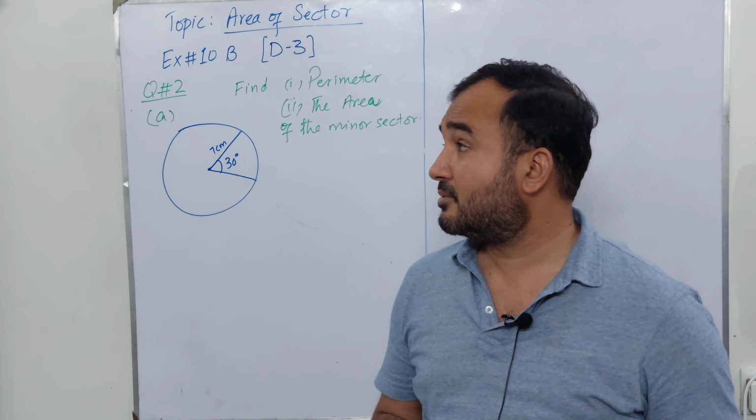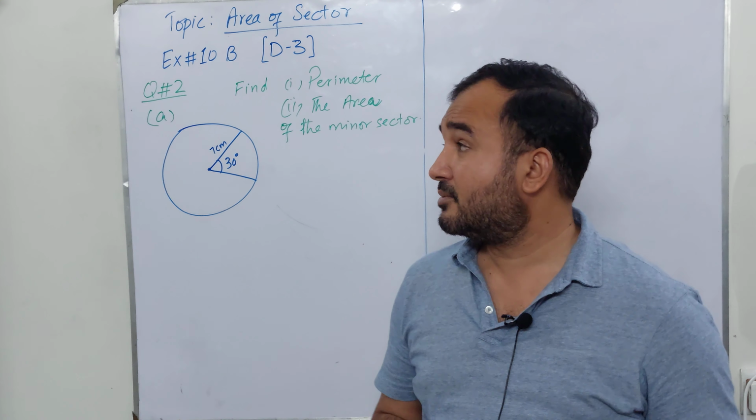Area of circle is pi r square, and this area which is given, 3850, is equal to pi, which is 3.14 or 22 by 7, and r square. So r square is equal to 3850 divided by 3.14, and then we will take the square root of both sides.